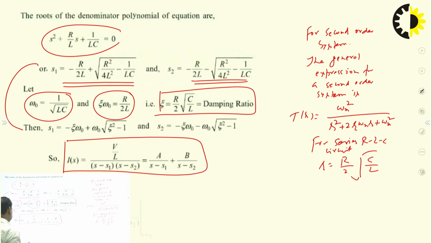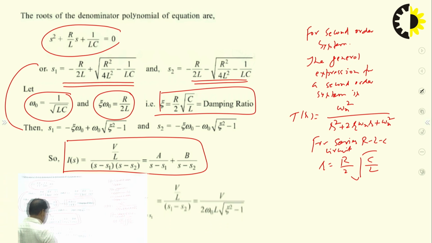Now to take the inverse Laplace transform of IS, first we have to take the partial fraction expansion. So find the values of A and B. A is the pole residual of pole S1 and B is the pole residual of pole S2. For A, this and this cancel out, so put S equal to S1 here.